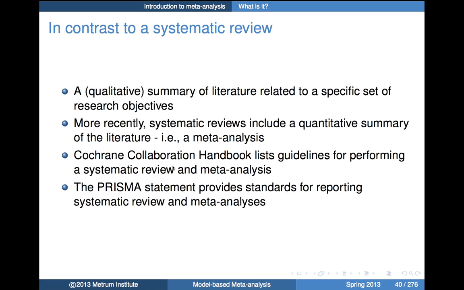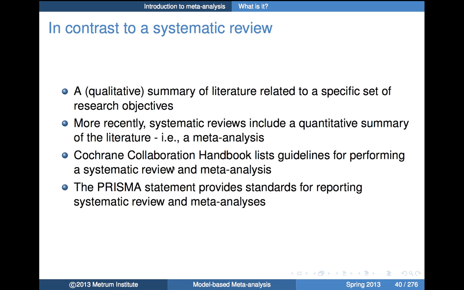There's some very good information in the literature about how to perform a systematic review and how to perform a meta-analysis. If you're not familiar with it already, the Cochrane collaboration provides their own guidelines. They have a handbook on performing systematic reviews and meta-analyses.